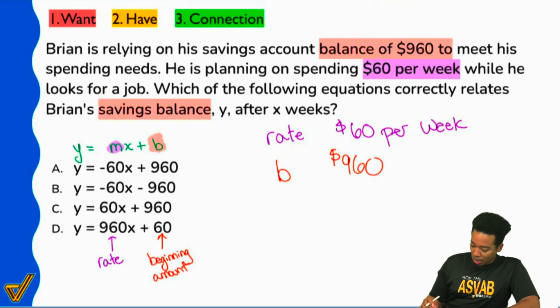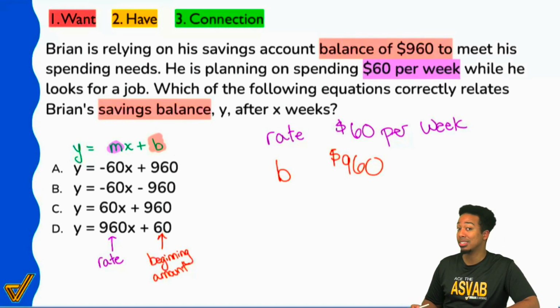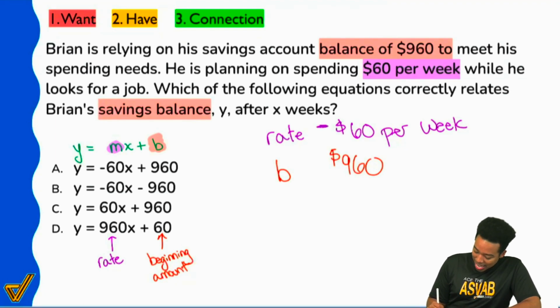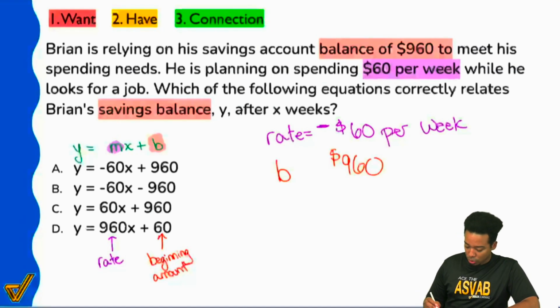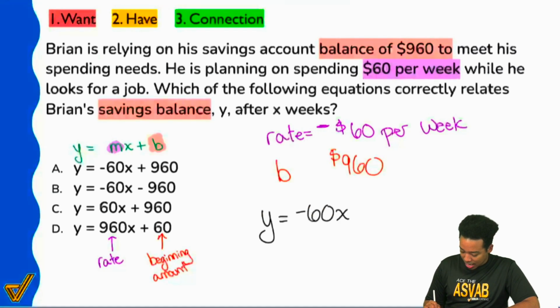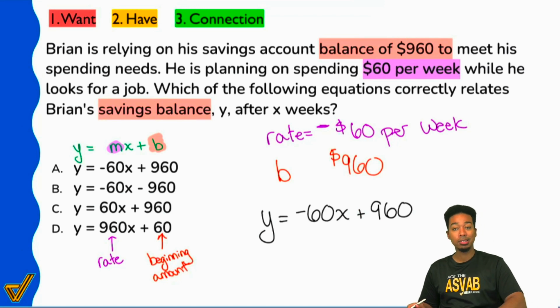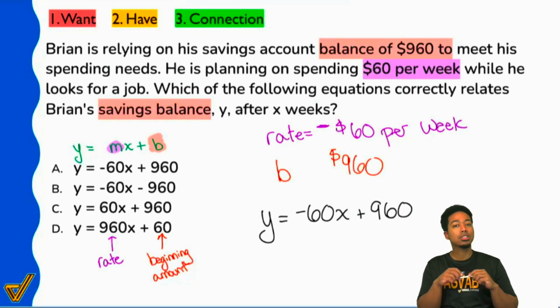And so that's why this $60 per week is not a positive 60, it is a negative 60. So your equation should be Y equals negative 60x plus 960. That's why 60 should be negative.